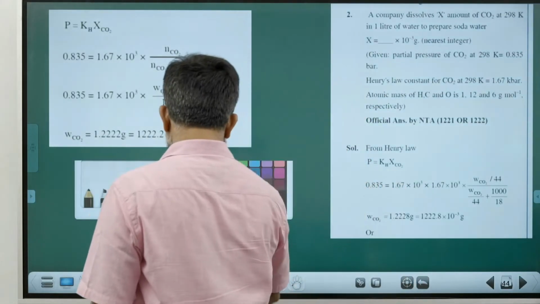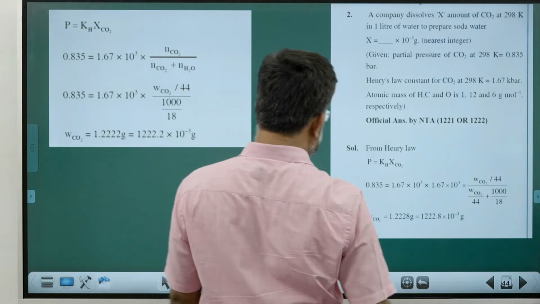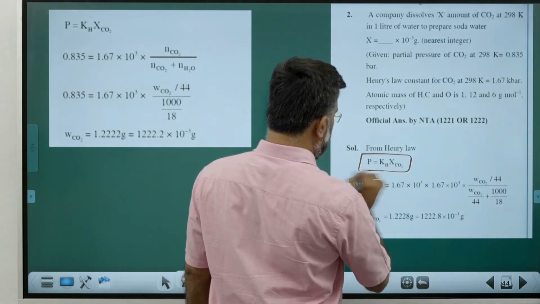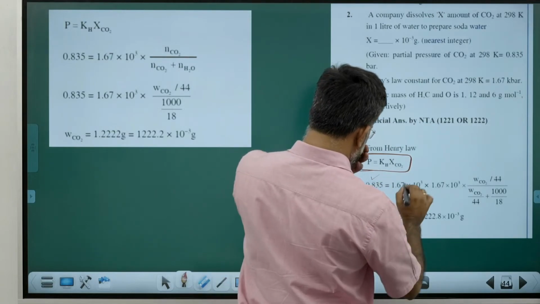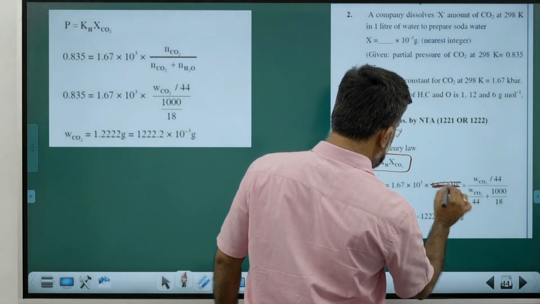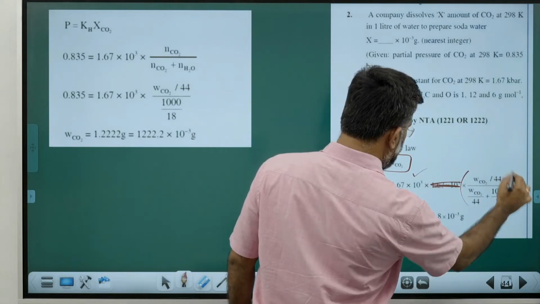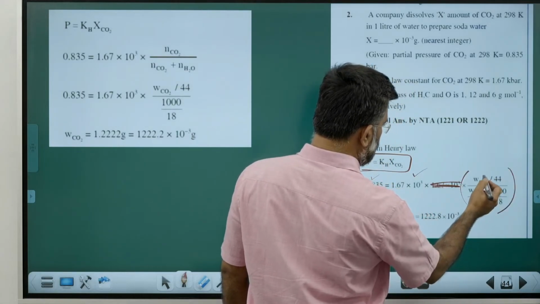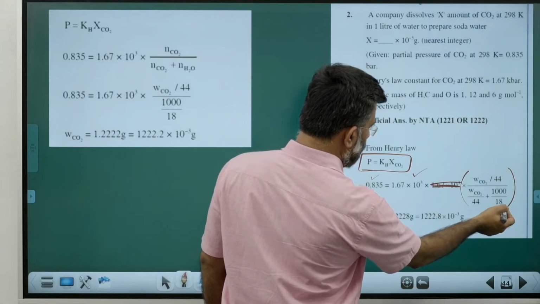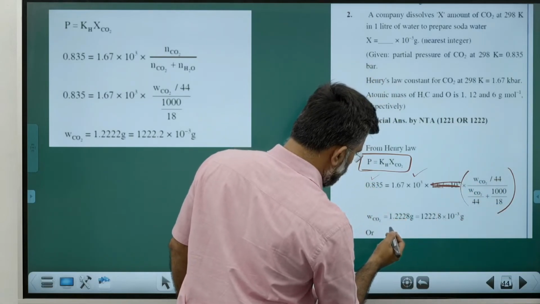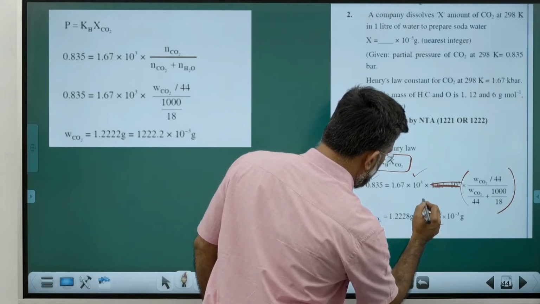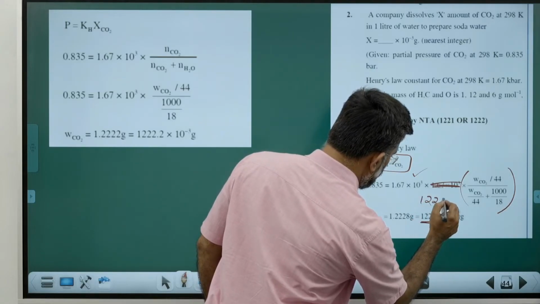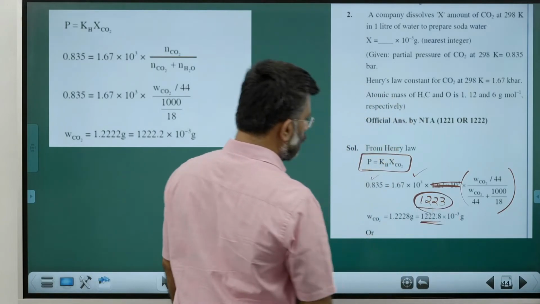So there can be two slightly different answers. P is equal to KH into X. Suppose you substitute Na by Na plus Nb, you will get somewhat 1222.8, rounded off to 1223.